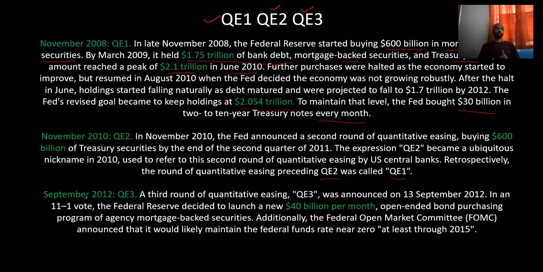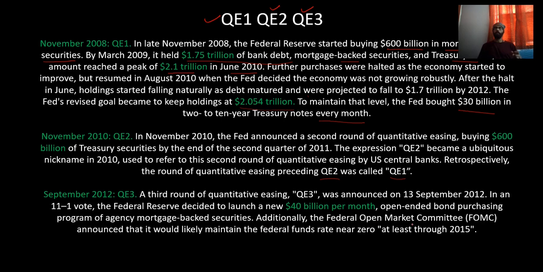Then comes QE3, September 2012. A third round of quantitative easing was announced on September 13, 2012. In an 11-1 vote, the Federal Reserve decided to launch a new $40 billion per month open-ended bond purchasing program, and the program was targeted again towards mortgage-backed securities.